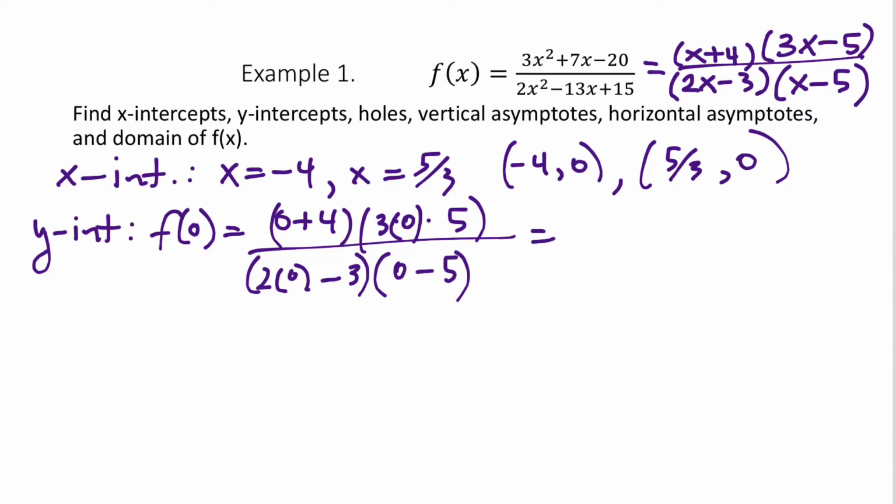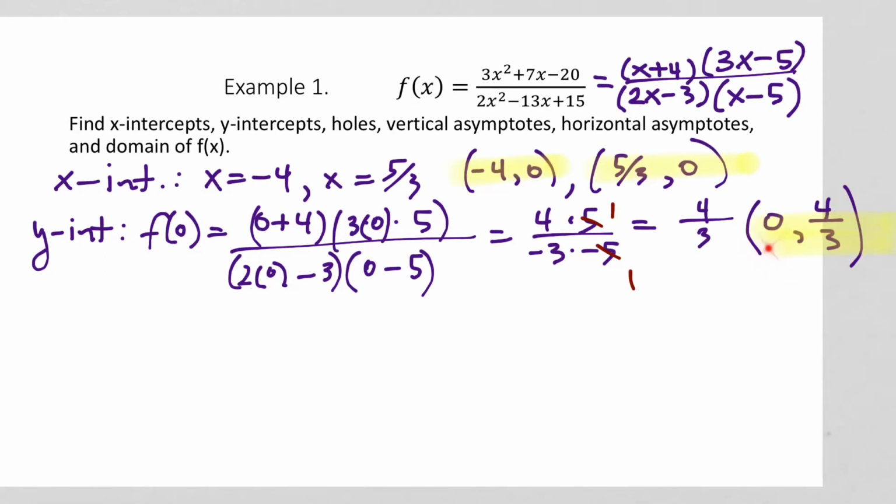So I've got 4 times negative 5 divided by negative 3 times negative 5. So let's cancel that out and that out. So I've got 4 over negative 1 times negative 3, which is 4/3. So my point for my y-intercept then is the point 0, 4/3.